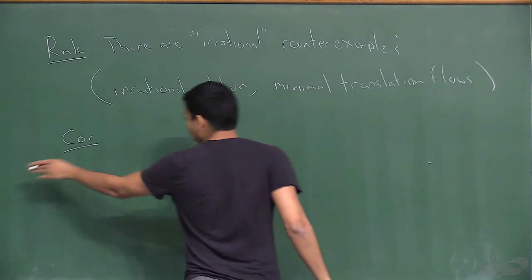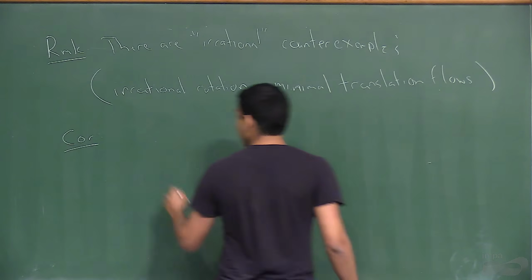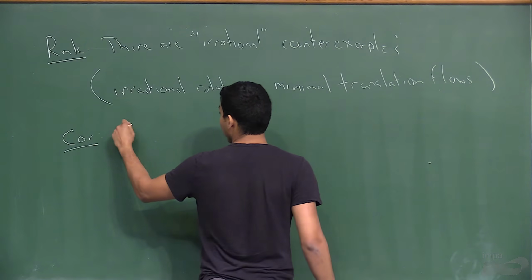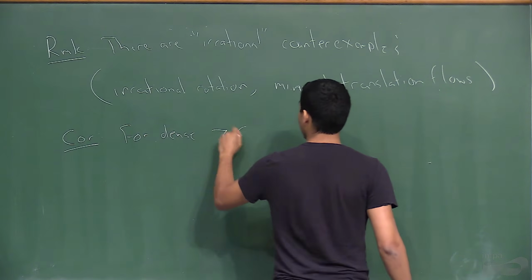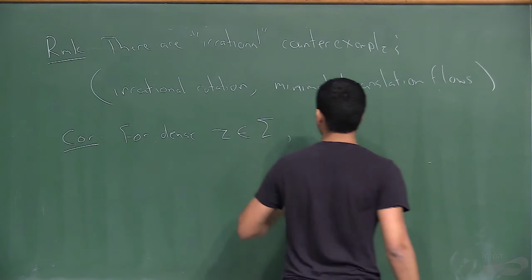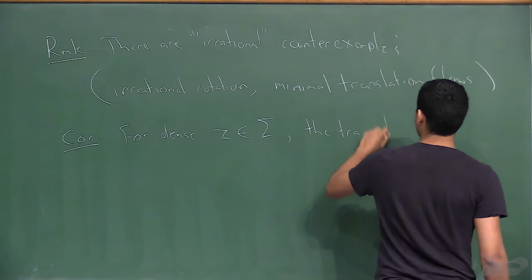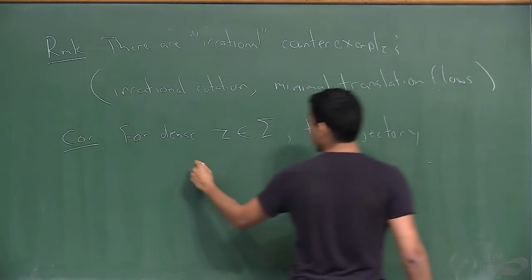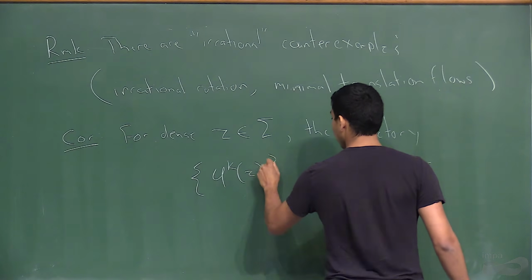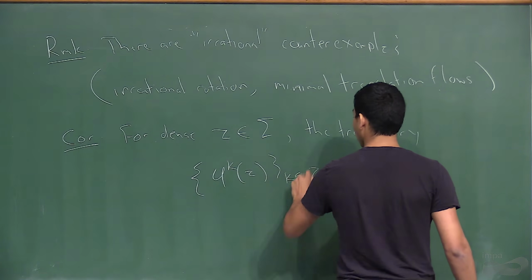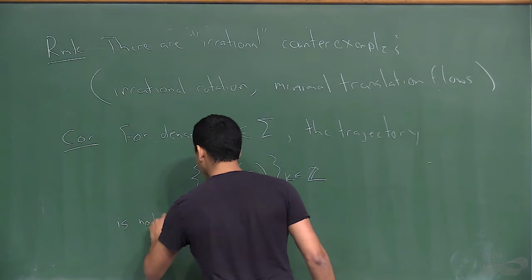A corollary of part A is that for a dense set of points z in sigma, the trajectory, which is given by the set of all iterates of z, is not dense.